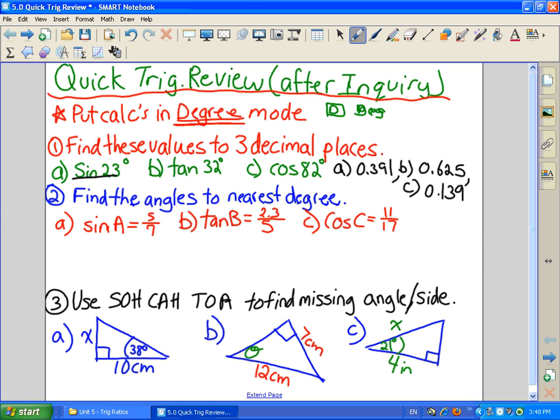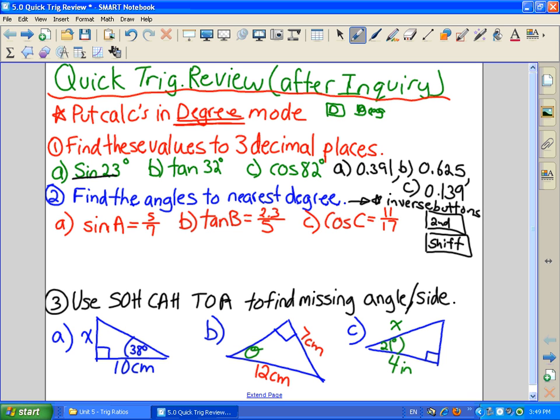Number 2 says to find the angles to the nearest degree. Remember the trick with trig, when you're finding the angles, you have to use the inverse buttons. And inverse buttons either means you're pressing second or shift to get what's called the sine inverse, cos inverse. So you either need to have the second button or the shift button, and then you press sine, cosine or tan, depending on which one you're doing.